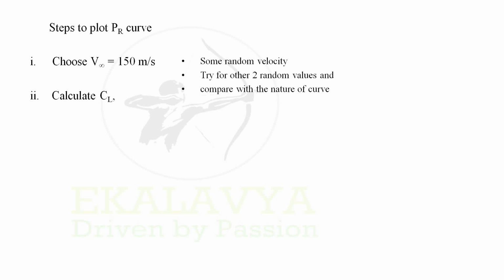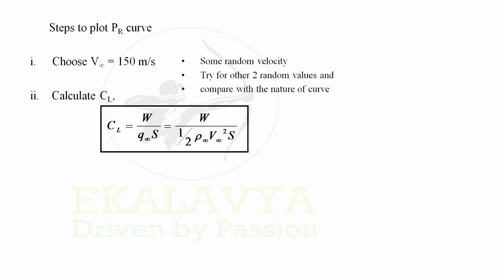The second step will be to calculate coefficient of lift CL. We make use of the equation of lift. Lift is equal to weight for a level unaccelerated flight, and lift is equal to dynamic pressure Q infinity into wing area S into coefficient of lift CL.